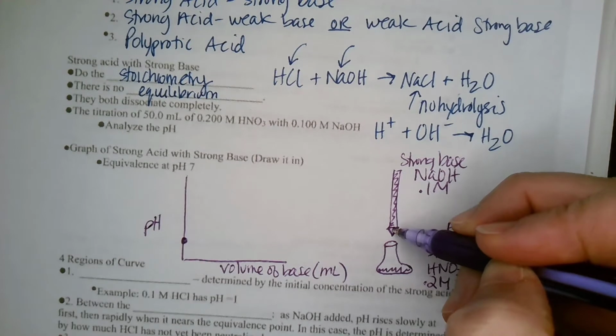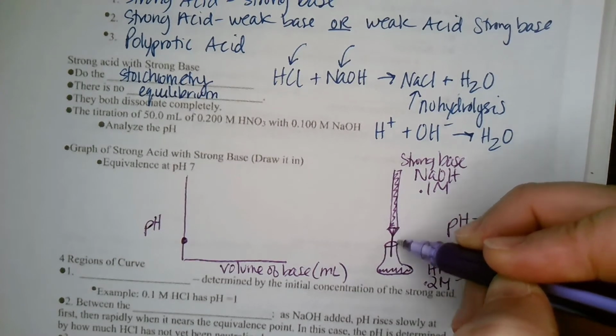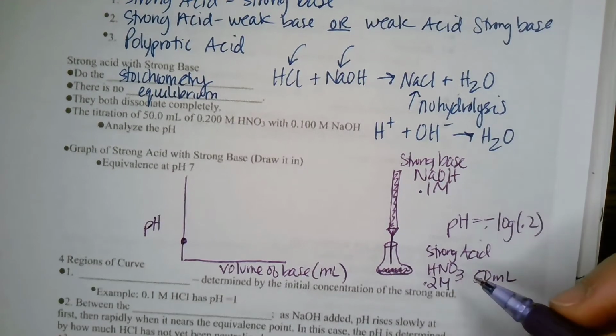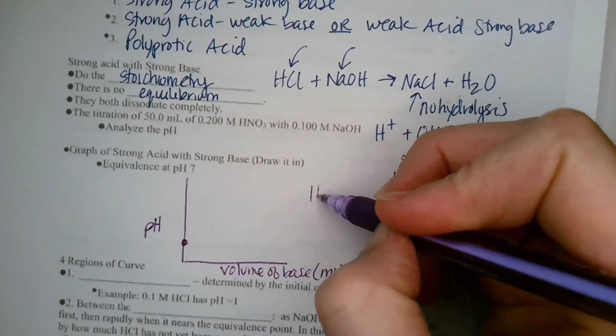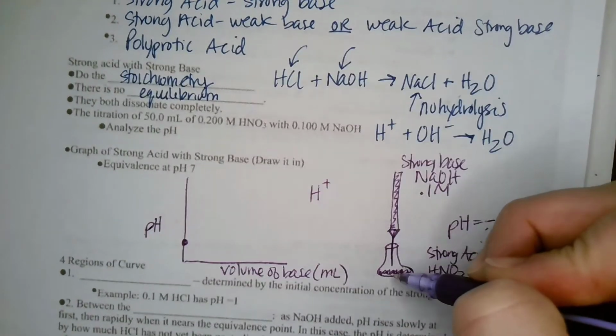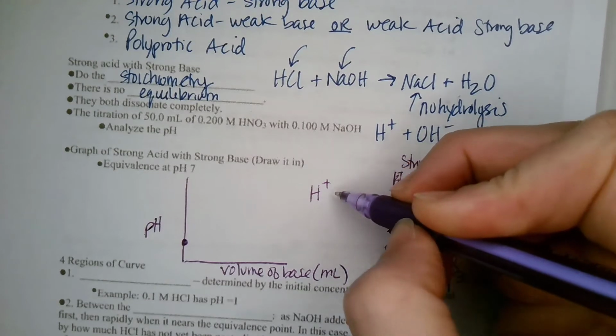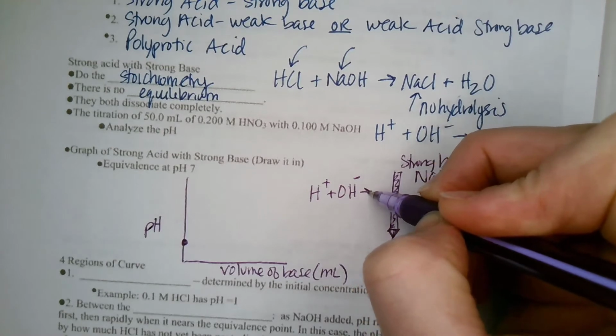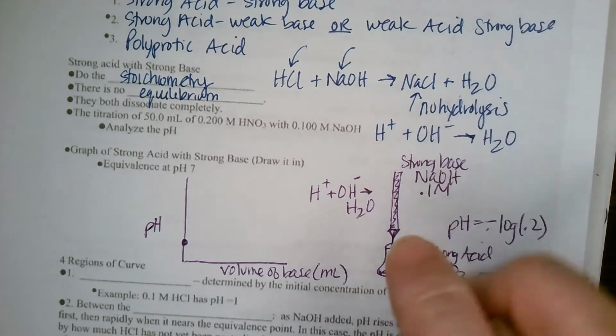Now as I start adding sodium hydroxide into my acid, remember we're going to have the hydronium ions, the hydrogen ions, reacting with our hydroxide ions to create H2O.